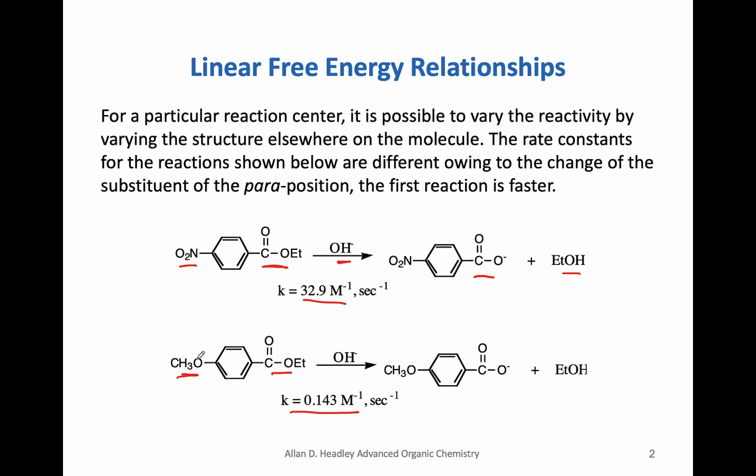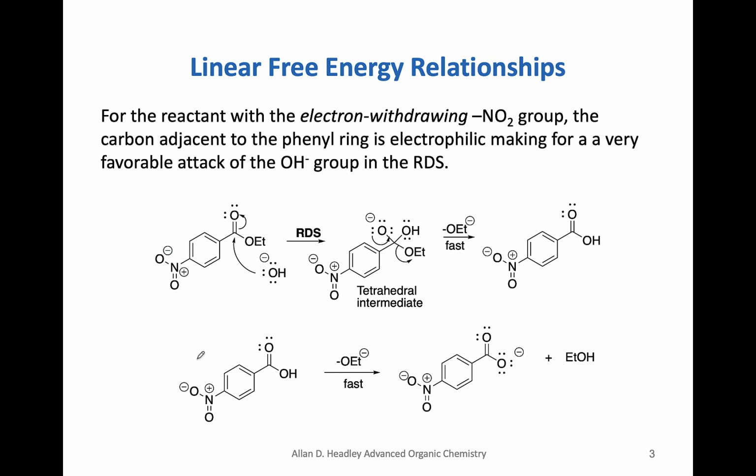reactivities of molecules. So let's look at the actual mechanism here that we've seen before. We know here that the negative nucleophilic OH attacks this carbon here because it is partially positive. It's electrophilic. And of course, it pushes the electrons onto the oxygen.